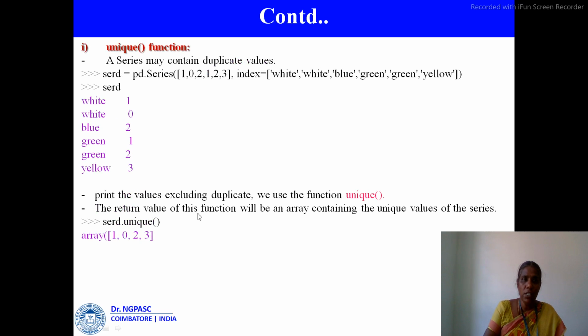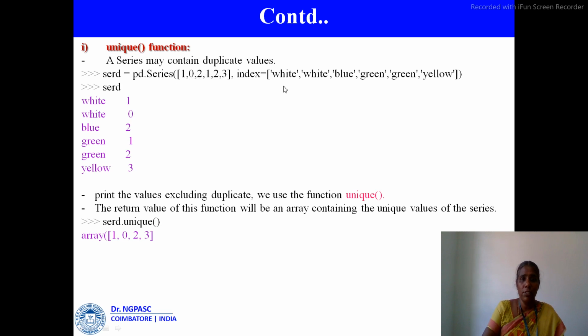There are unique functions in a pandas series. The first one is unique. A series may contain duplicate values, which means the same value is present in various positions. This is an example of having duplicate values: in the 0th index I have 1, and in the 3rd position I also have 1. So this series contains duplicate values.